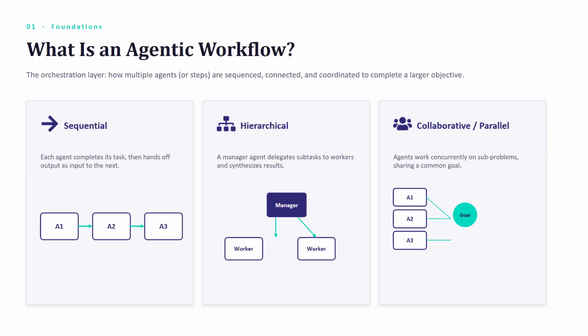So here it is saying, if you see this one again, each agent completes its task, then hands off output as an input to the next. Got it? So each agent will execute their task. For example, the other day I was showing this web crawler. The output of the web crawler will act as an input to the summarizer agent, isn't it?